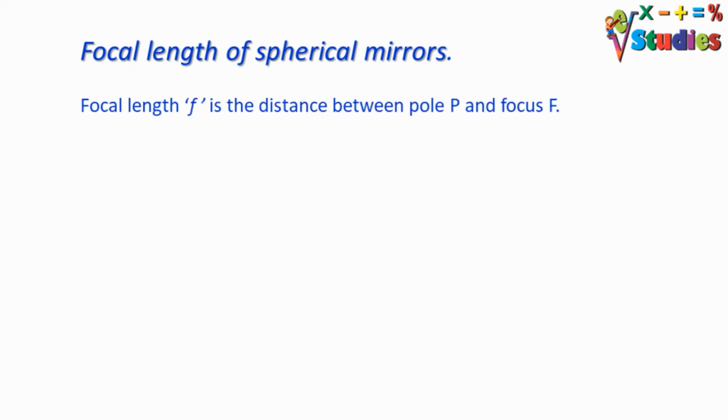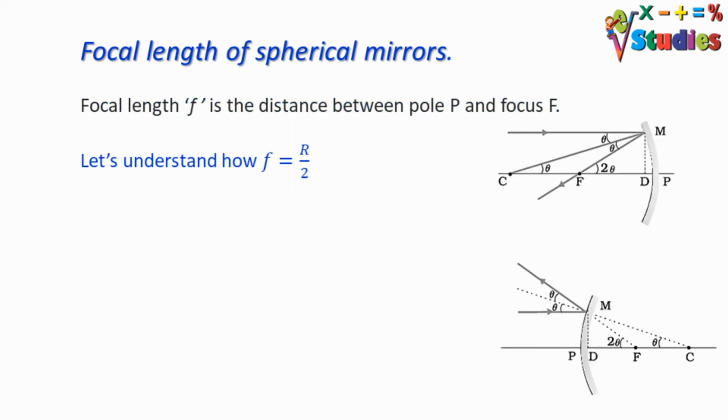Students, as we know, the focal length f is the distance between pole P and the principal focus F. Now let's understand how f, the focal length, is equal to the radius divided by 2, which means that the focal length is half of the radius.